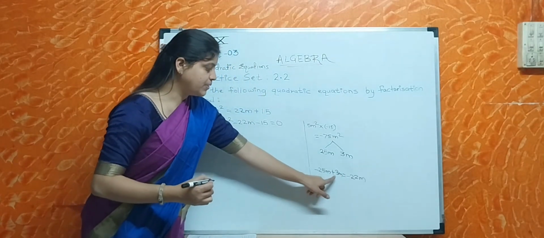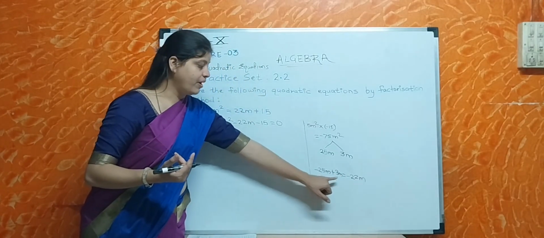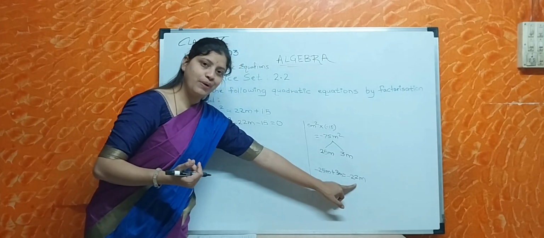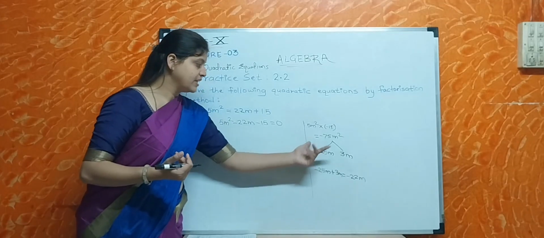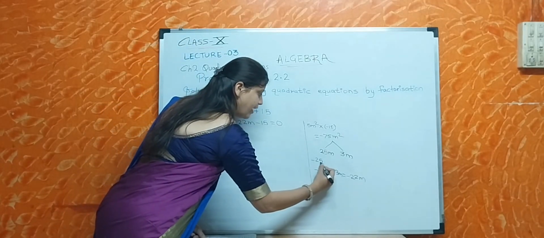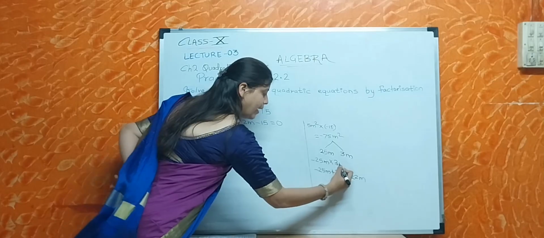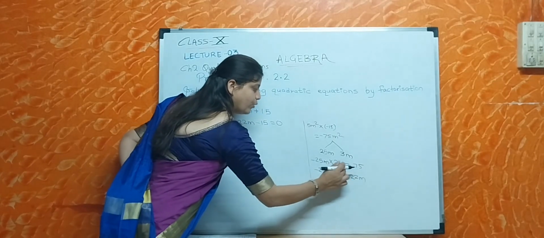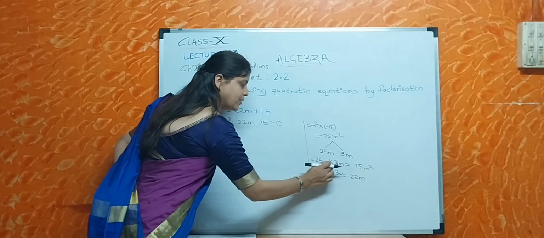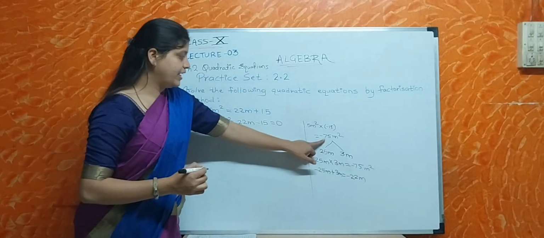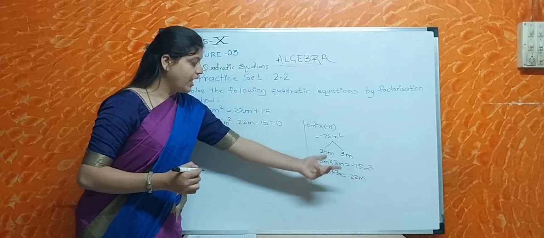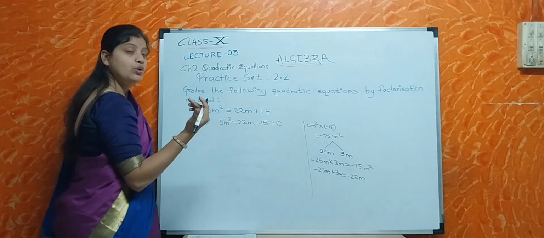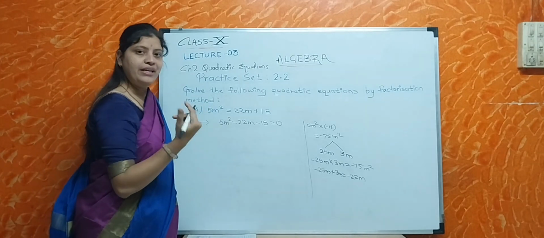Now see, minus plus minus, 25 minus 3, 22, and bigger number sign minus, here also it is minus. We have satisfied with this answer. Similarly, minus 25m into 3m, we get 25 into 3, 75, m into m, m square, and minus plus minus. So we get minus 75m square as well as minus 22m. Understood? So our two factors are 25m and 3m.